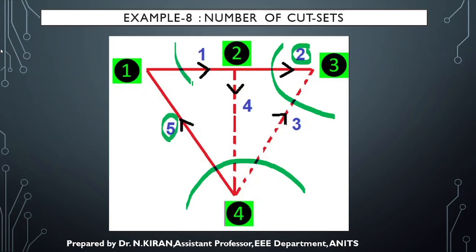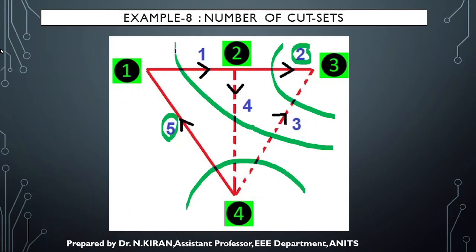I can consider a cut set in this manner, because remember, a cut set is nothing but something that cuts my graph into two parts, not necessarily equal parts. While drawing a cut set, you should not stop the cut set in between. Draw it in a full semicircle such that you are cutting the entire graph into two parts. The direction of this cut set will be the same as the twig direction.